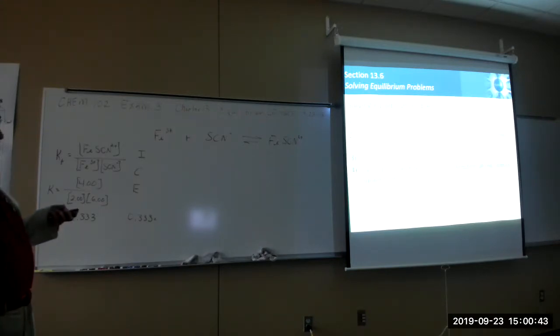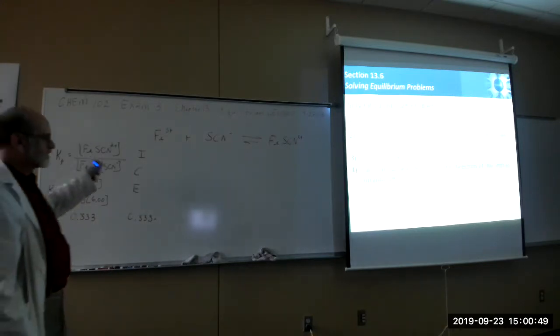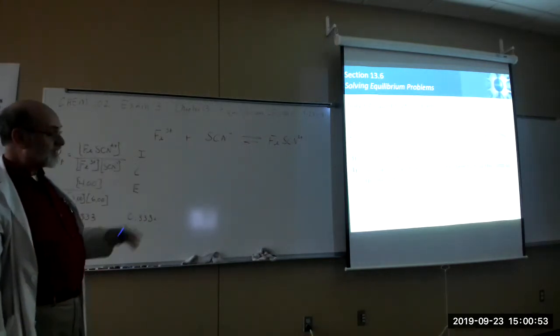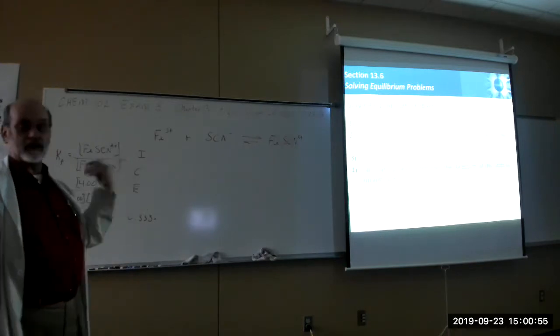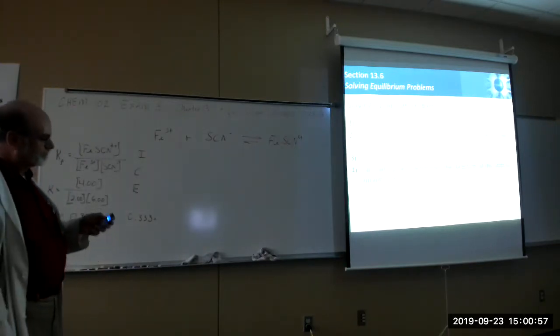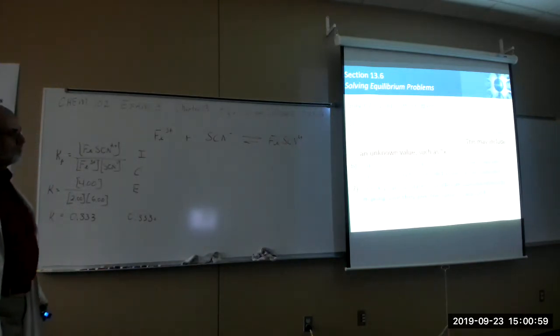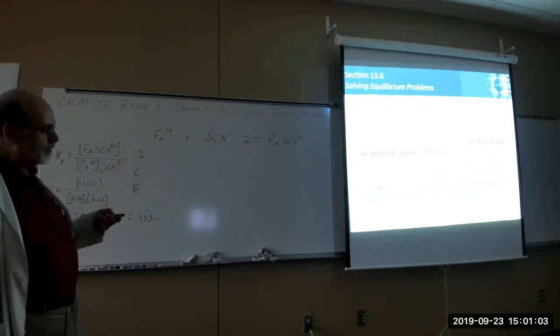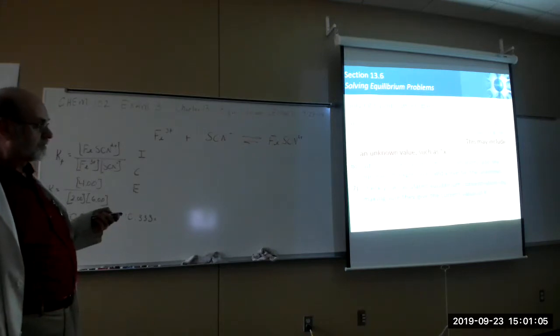As always, write the balanced equation, then the equilibrium expression, then set up your ICE table and list your initial concentrations. If necessary, calculate the Q to find out what direction you're going. You may have to include an unknown value.